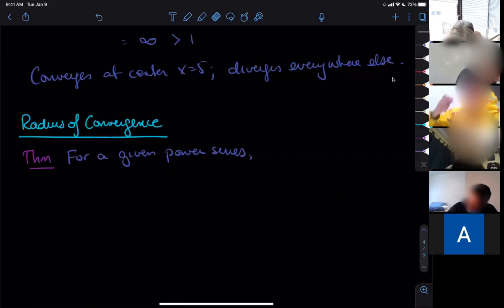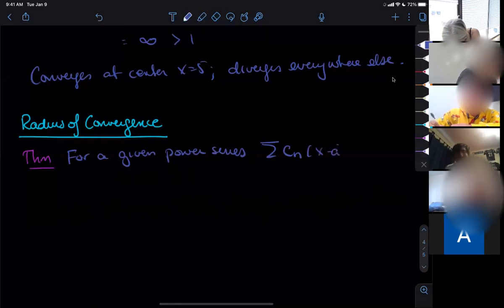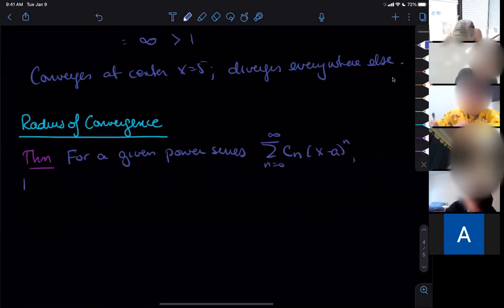So let's call the power series, you know, here are the coefficients, and then I have (x minus a) to the n power. There are only 3 possibilities.